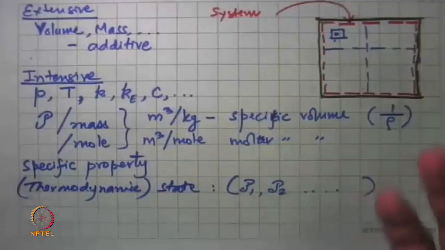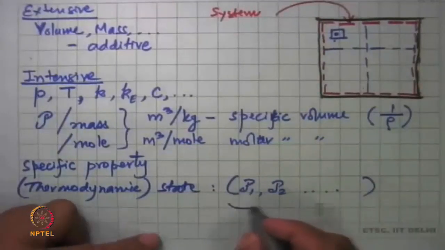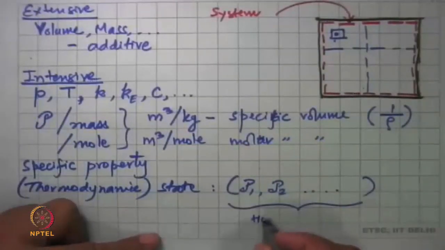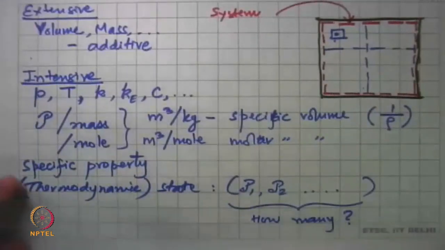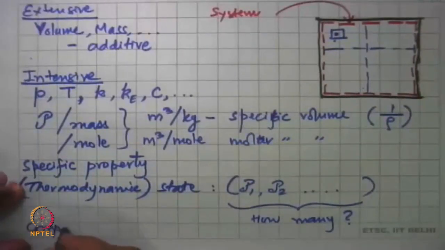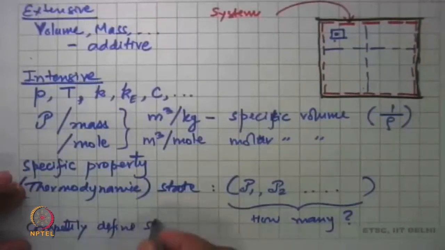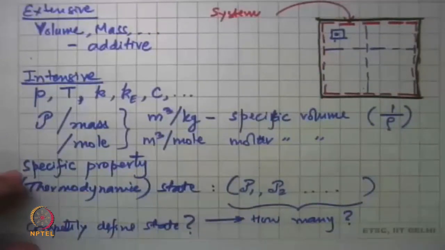And the next question will come: how many properties do I need to specify? What we are saying is that if I have to completely define the state of a system, how many properties do I need to specify?